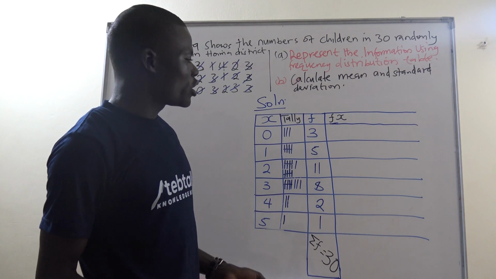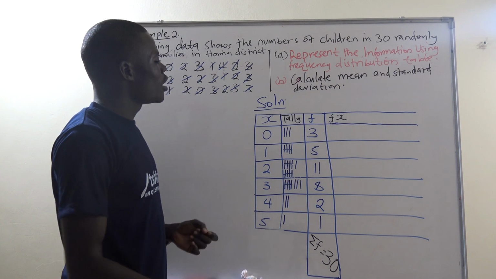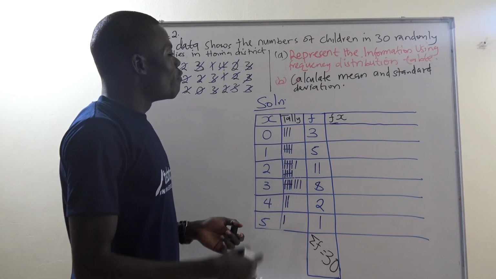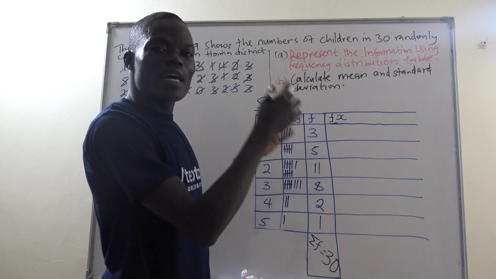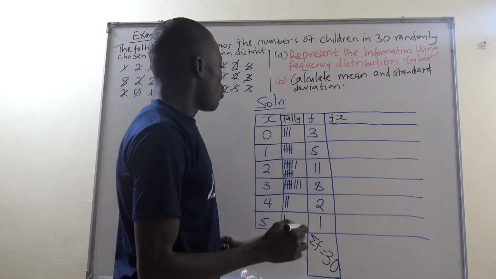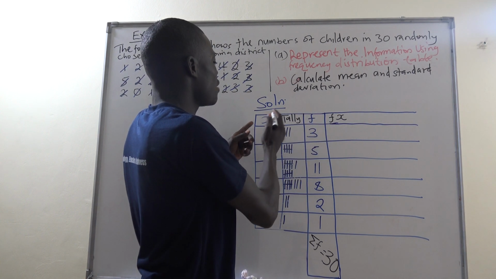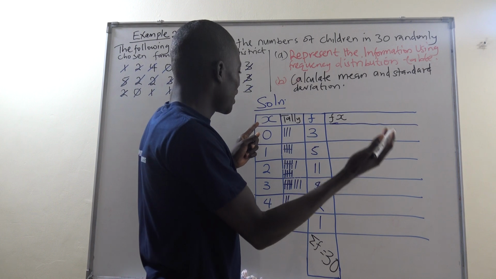After you have got the values, you get the total values of fx in that column, and then you note it down.